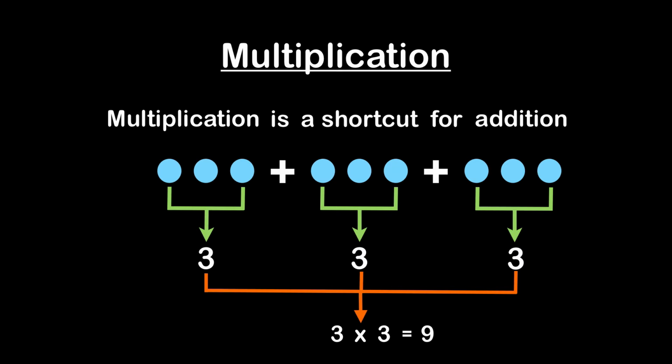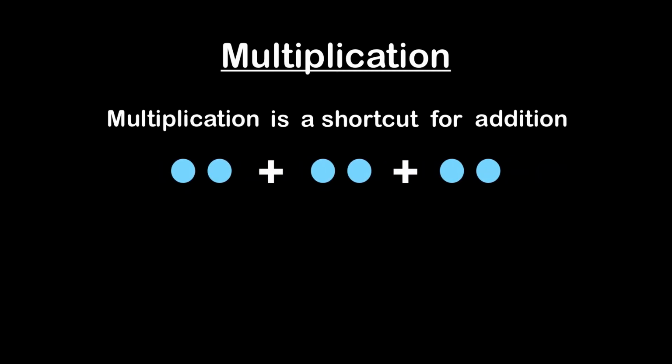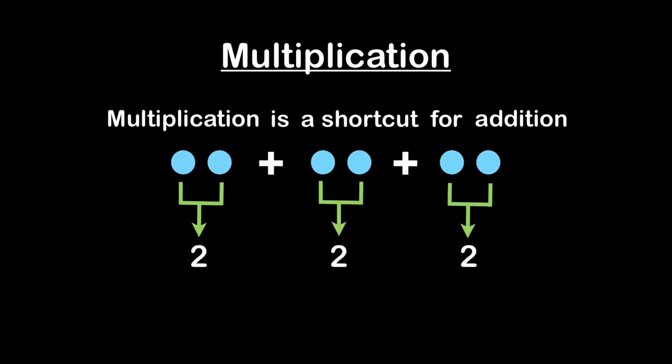So let's look at another example with smaller numbers so you can have a better understanding of what's going on. So let's say we have three groups of 2, or as we would say in multiplication, 3 times 2, because we have three sets of two circles, but it can be pencils, cars, bikes, or even numbers. So let's break it down as we did before so you can see what occurs when we multiply.